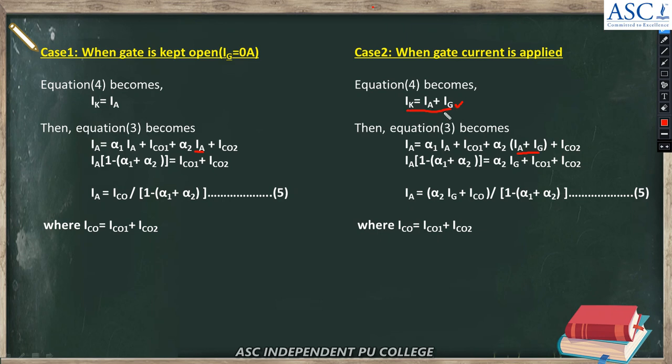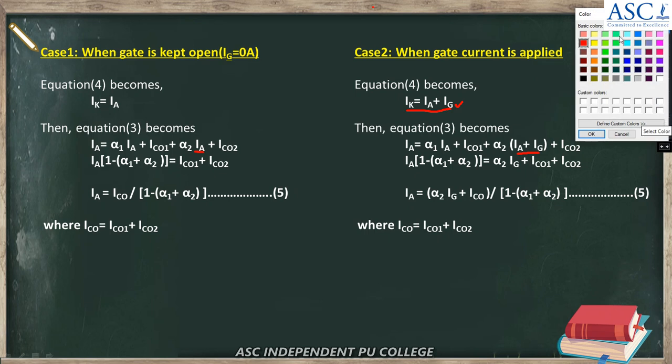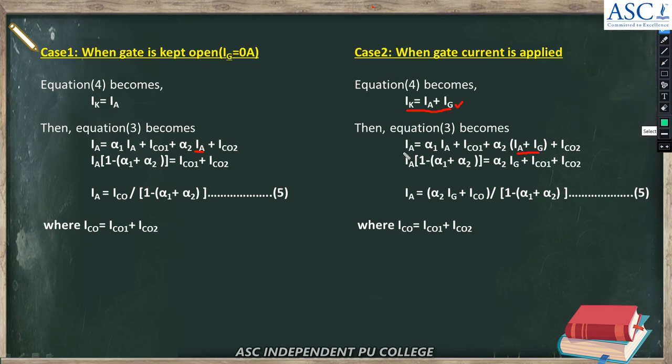Now substitute the Ik value. Then equation 3 becomes Ia equal to alpha 1 Ia plus ICO1 plus alpha 2 into Ia plus Ig, because Ik equal to Ia plus Ig, plus ICO2. So, same type, take Ia common. Let us take Ia one side, this term as well as this term.